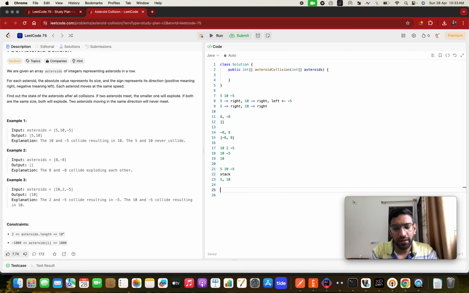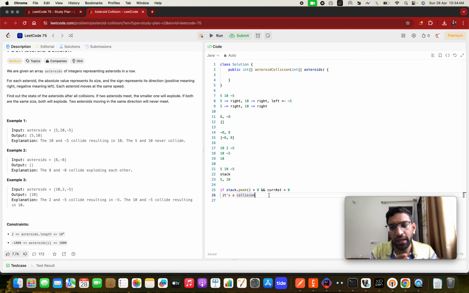So let me write it here. If the stack's top element is positive and the current asteroid is negative, then we can say it is a collision. So now we know it is a collision. We can add our logic here.